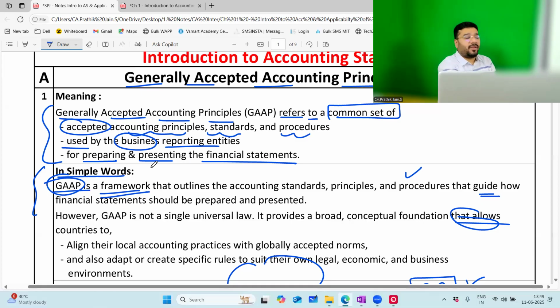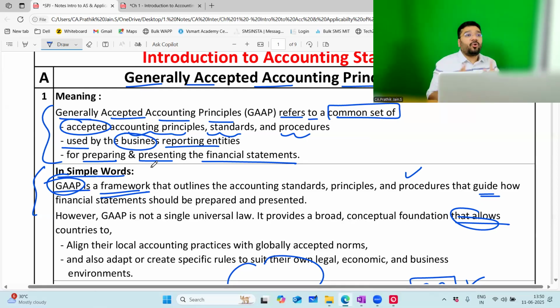GAAP, generally accepted accounting principles, is a framework. They give an outline structure of how the countries have to do the reporting of the transactions and even the financial statement. If any country could not follow that, GAAP gave a flexibility that you can modify according to your need, your legal regulations, business environment, country's environment, but ensure that the changes you make do not override the GAAP.